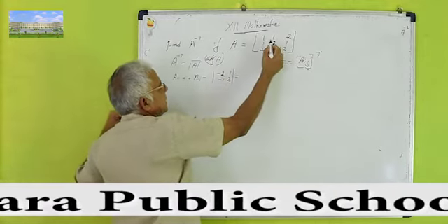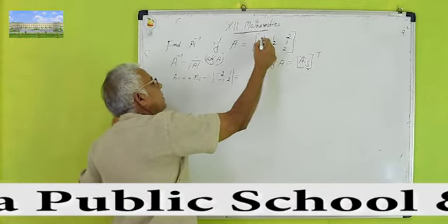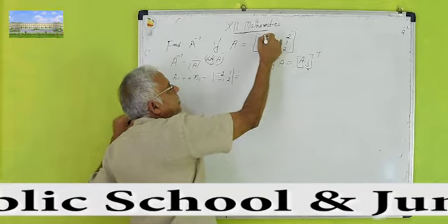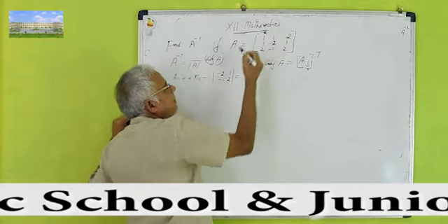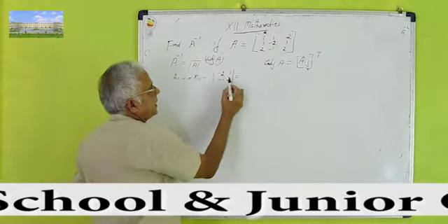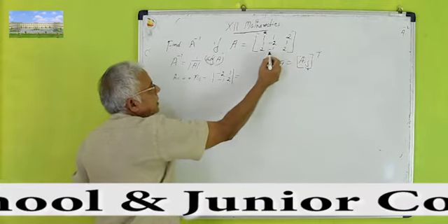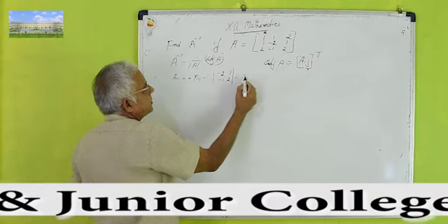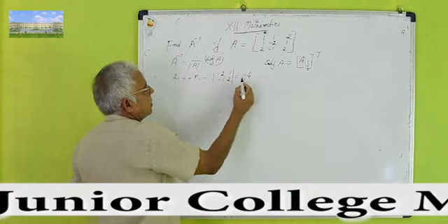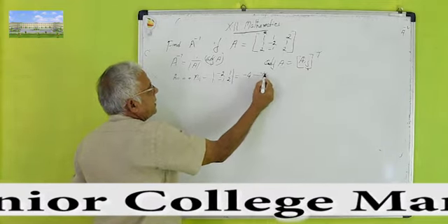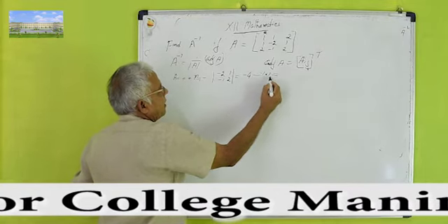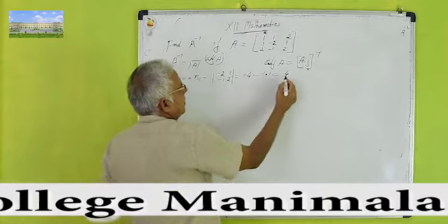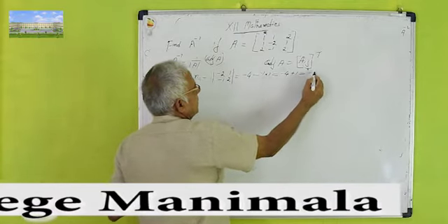M11 is the determinant obtained by deleting the row and column of this element. So, we get the determinant 2, 1, -1, 2. That is 2 into 2, which is 4, minus (-1 into 1), plus 1. So 4 minus... the result is -3.